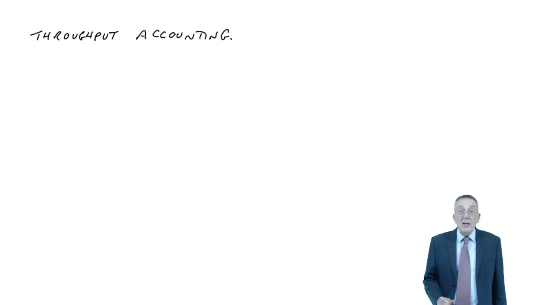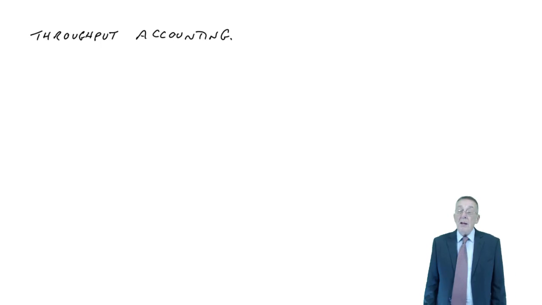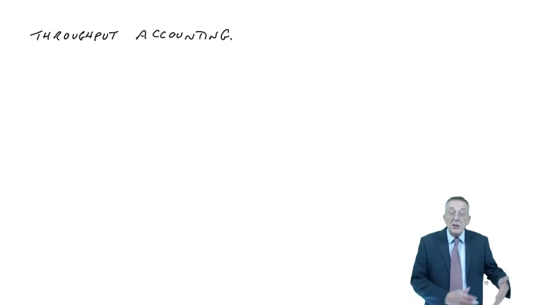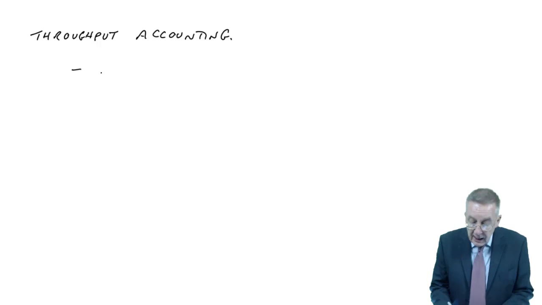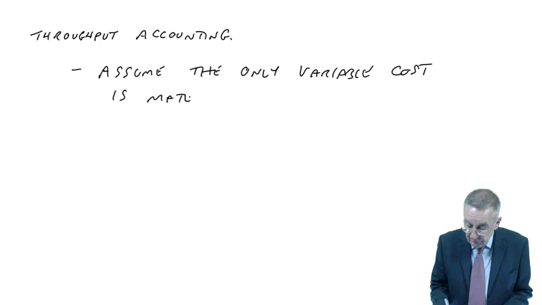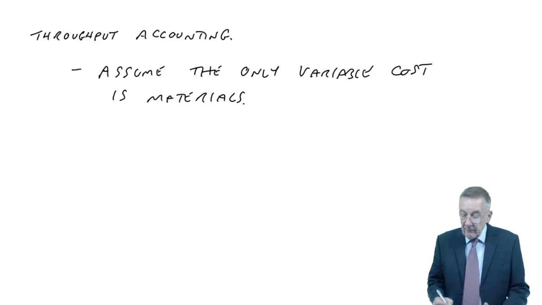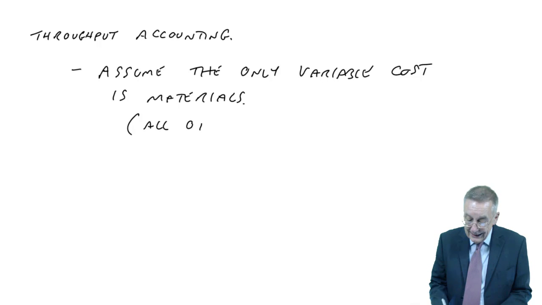And in fact, for similar reasons, so do all the variable costs, apart from materials. Because materials, clearly, if you produce less, you need less. If you produce more, you need more. And so in throughput accounting, we assume that the only truly variable cost is materials, that all of the other costs are effectively fixed.